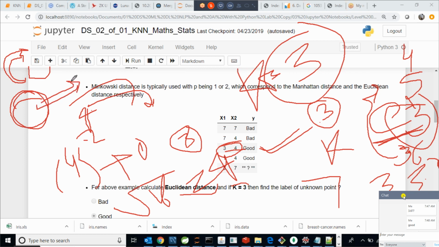Let's suppose this is x1. You want to talk with x1, so you will see how x2 is, because x1 is associated with x2.